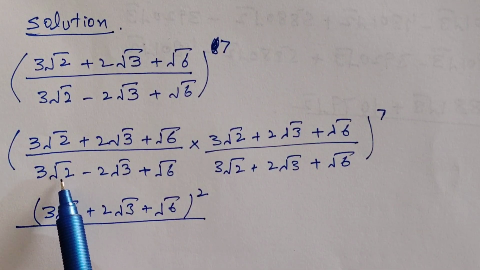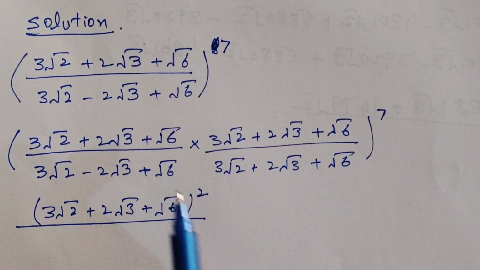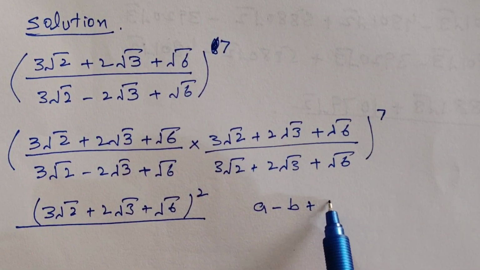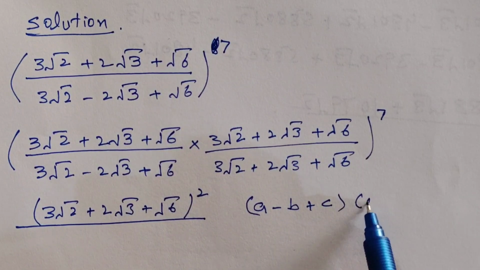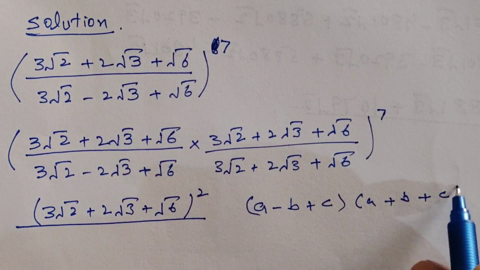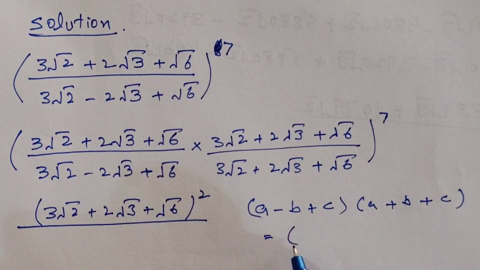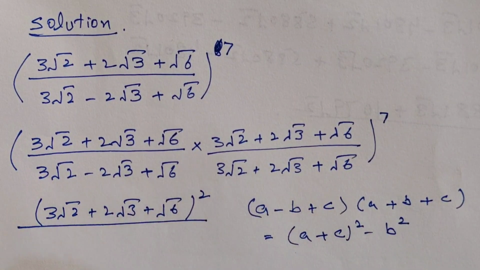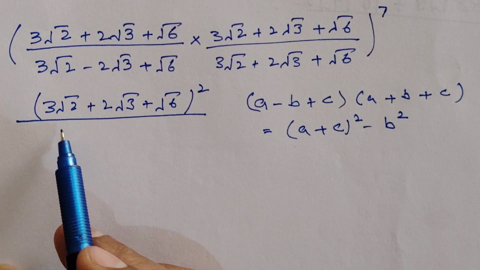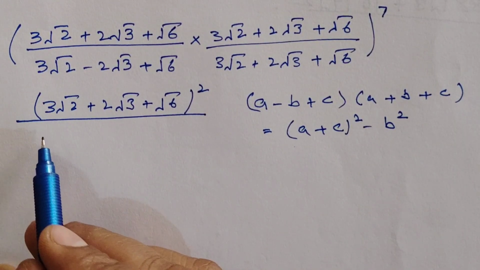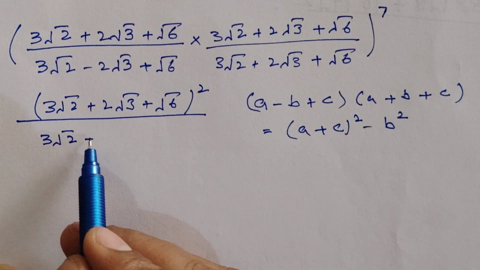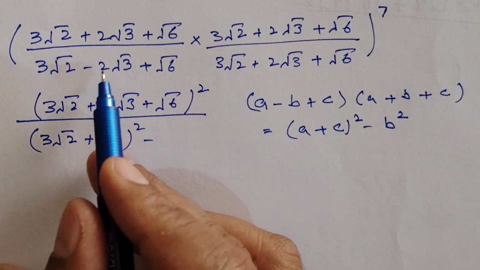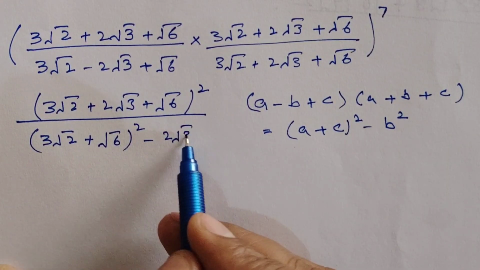We have one formula in which a minus b plus c into a plus b plus c is equal to a plus c square minus b square. Here we apply this formula on the denominator: 3 square root of 2 plus c, which is square root 6, whole square, minus b, which is 2 square root 3, whole square.